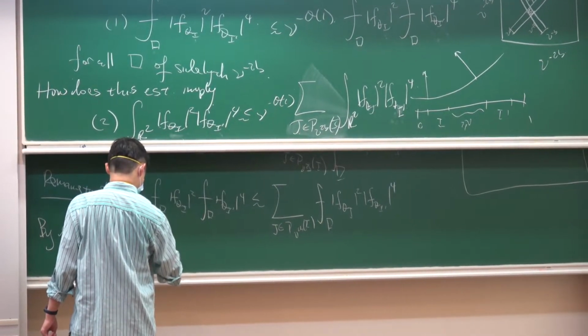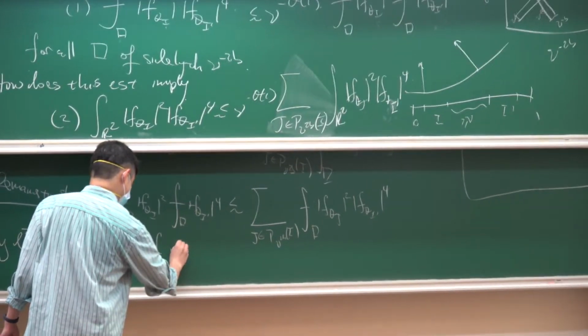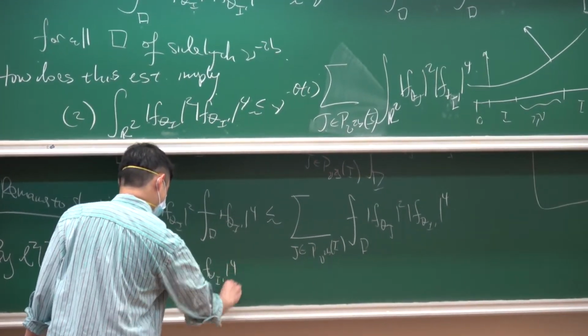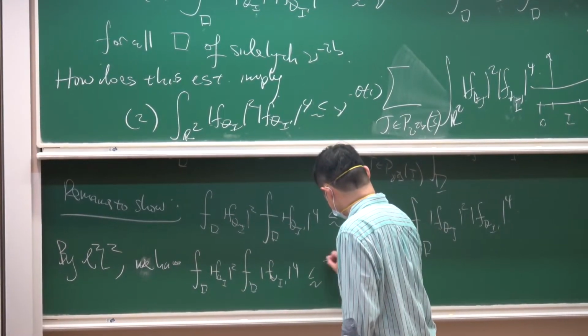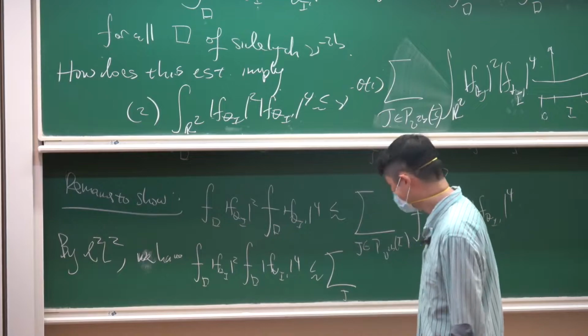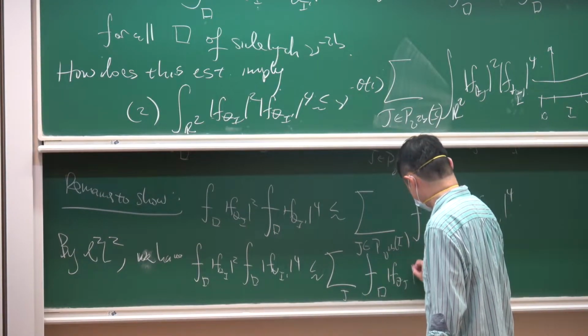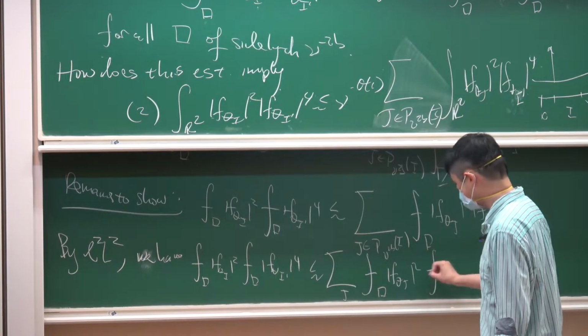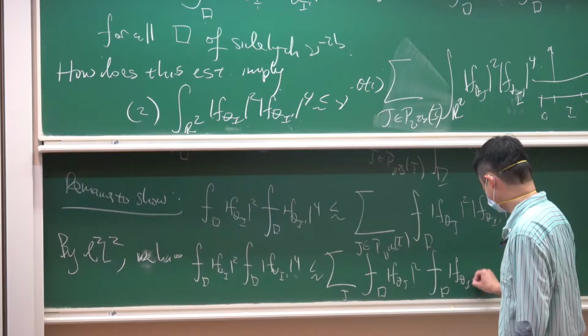the average integral of f theta I squared, average integral of f theta I prime to the 4. What did we just have? Well, we have that this is less than the sum over j times the average integral of f theta j squared times the average, of course, and then this is times the average integral of f theta I prime to the 4.